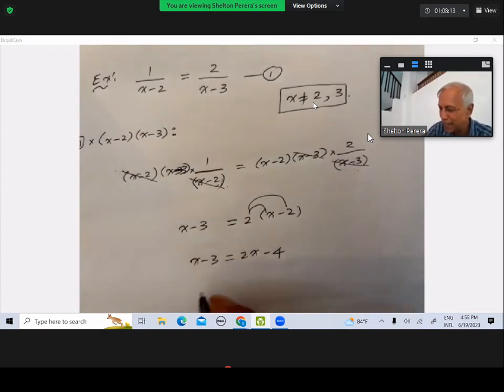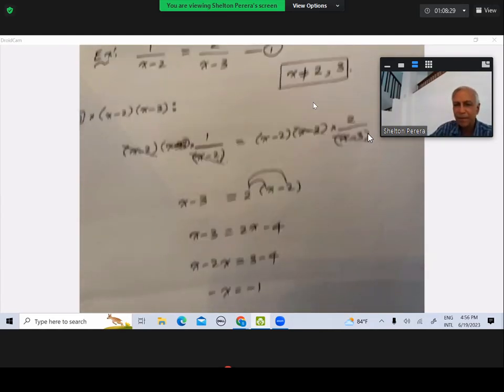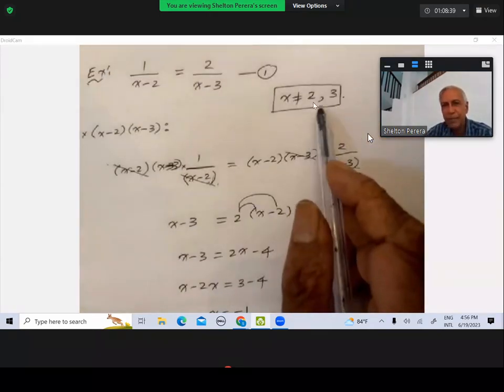But let me just take it to this side and do x minus 2x equals, what is it? 3 taken to the other side, 3 minus 4. Minus 3 became plus 3. This is minus x equals minus 1. Now divide by the minus sign, or multiply by the minus sign. You get x equals 1. So that is the solution of this equation. It's not these two, no?